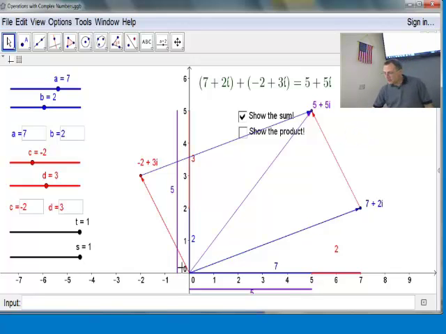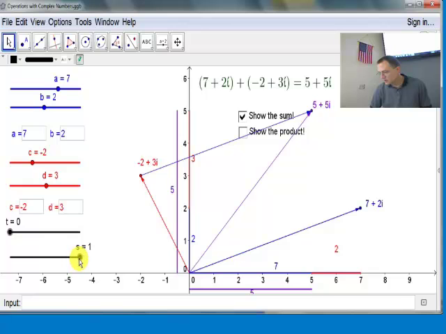But if you just draw a line straight from the origin to -2 plus 3i, and a line straight from the origin to 7 plus 2i, and then you want to add those two complex numbers together, you can visualize that with the parallelogram.